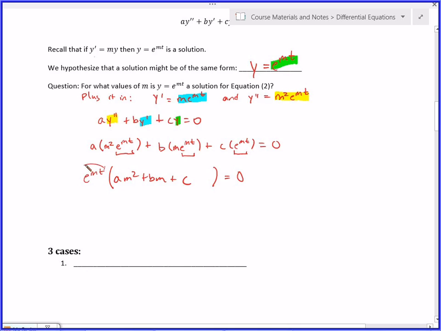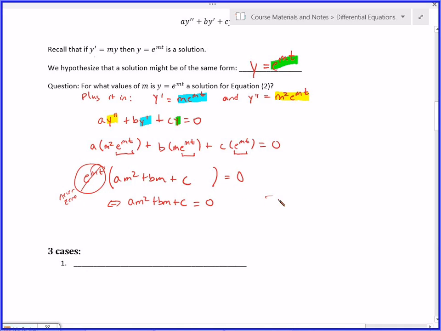Well, this guy right here is never 0. Which means this solution is equivalent to am squared plus bm plus c equals 0. If I can solve that for m, a, b, and c, remember, are given in the problem. They're going to be numbers. Like up here they were, at the top of the page I wrote 1, -3, and 2.